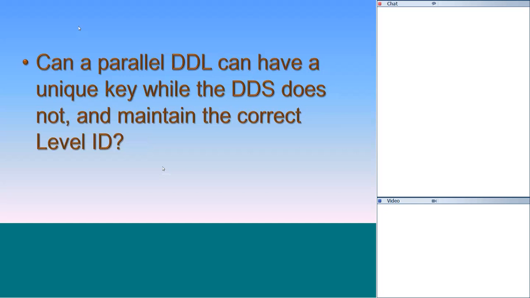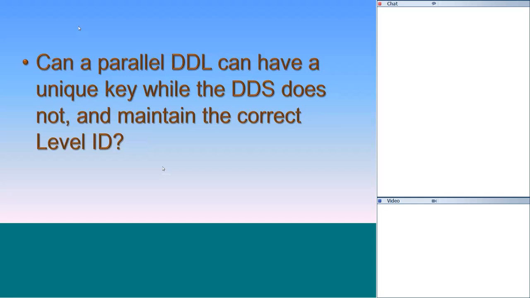Because a key, and just listen to me very carefully here, because this can actually confuse people quite a lot. A key does not change the level ID of a file. I can create a file with no key. I can then add a key.